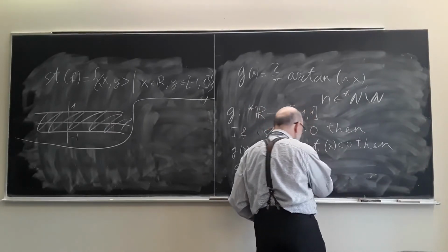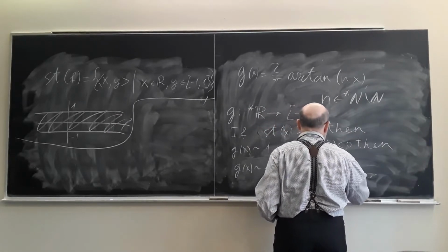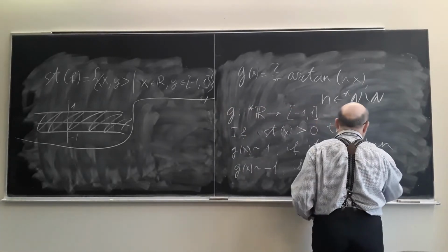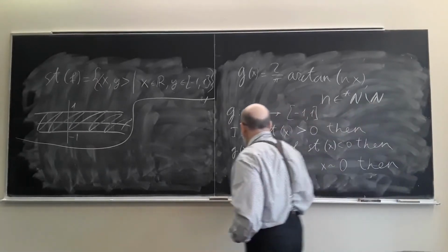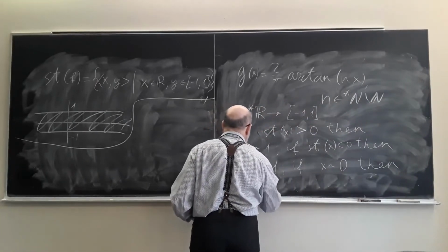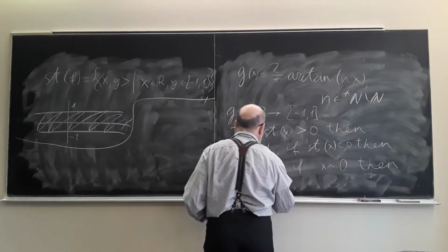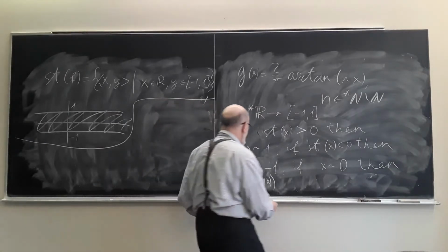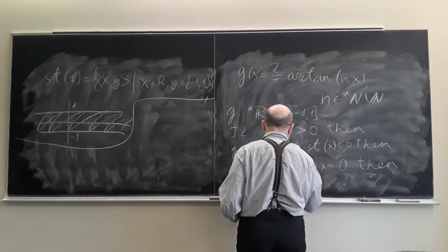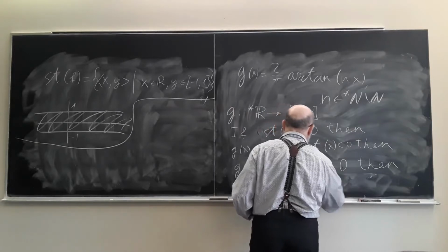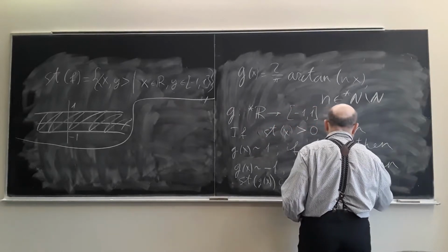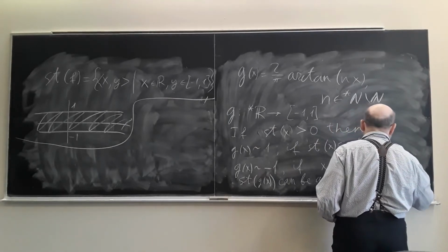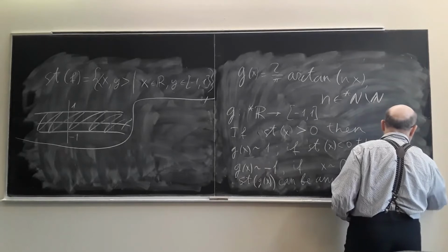If x is itself infinitesimal, then the standard part of g of x can take any value between -1 and 1. It can be anything between -1 and 1.